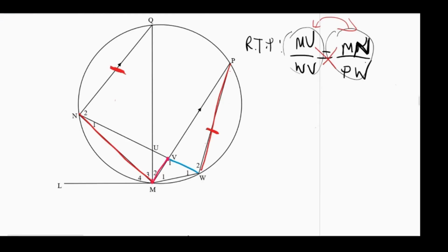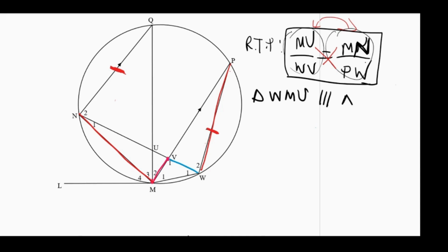So, but before we solve this problem here, we need to remember that in the previous question we concluded that triangle WMV is similar to triangle QMN, right? So if we were to write this in ratio form, you will say this MV here. Okay, let me use another color.